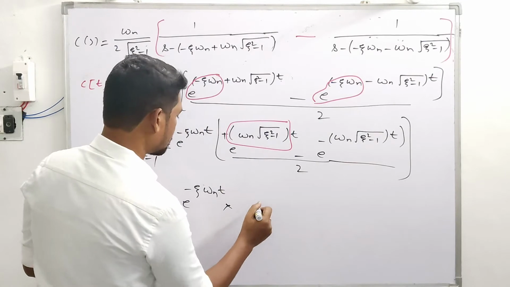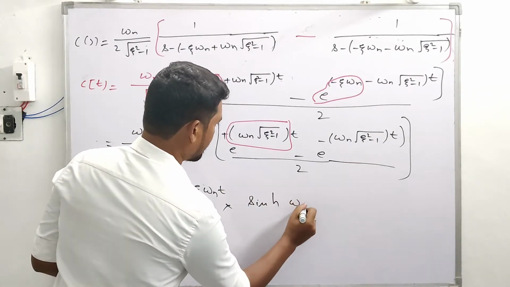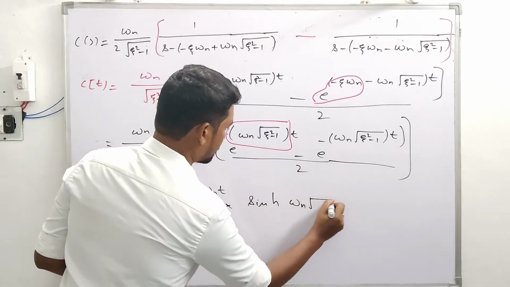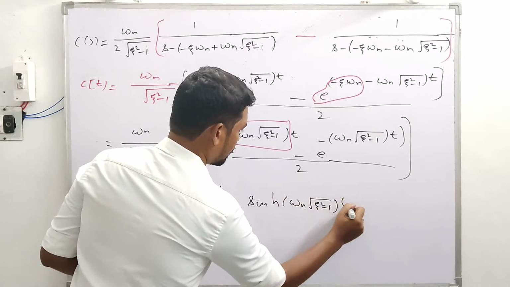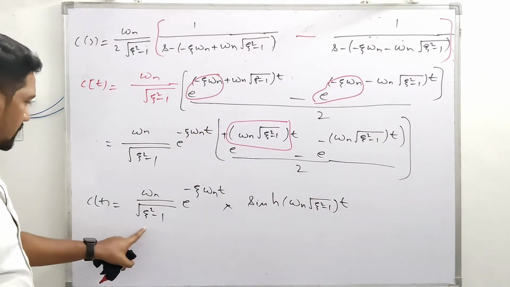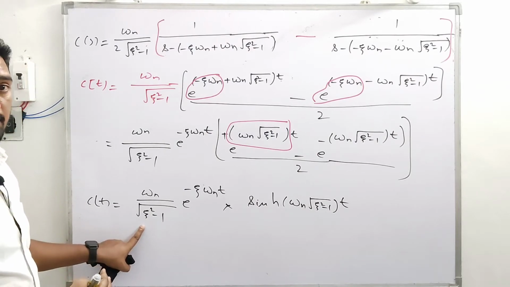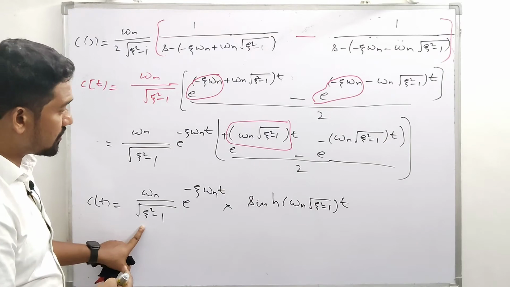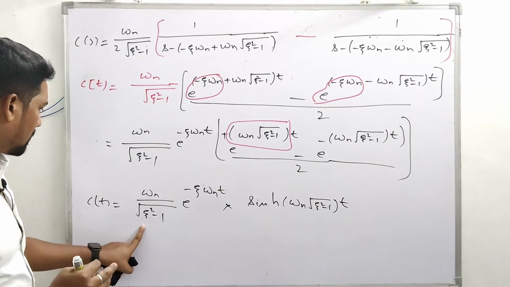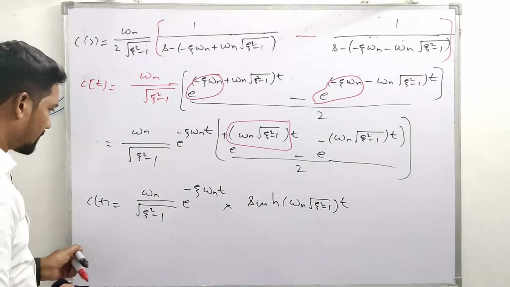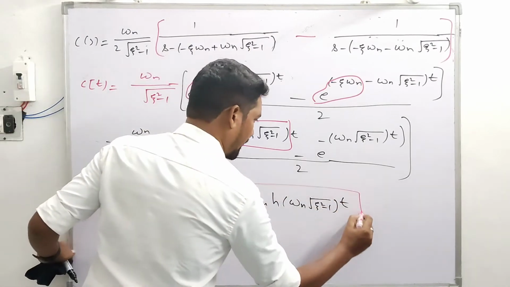It's a sinh of omega n into under root zeta square minus 1 into t. All right, so this is the response of a second order system when subjected to impulse and zeta being greater than 1. Critical, it's not over damped, I guess. Check that. And this is the expression. All right, this is the expression for that one.